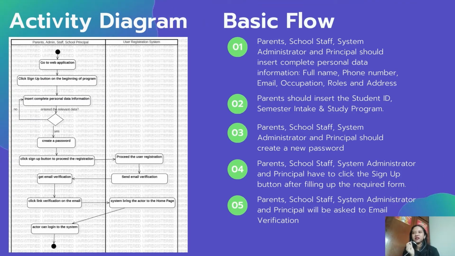First, the actor goes to the web application, then clicks the sign up button at the beginning of the program, and then inserts complete personal data information. If the actor doesn't insert complete personal data information, the actor must insert it again until the information is complete.